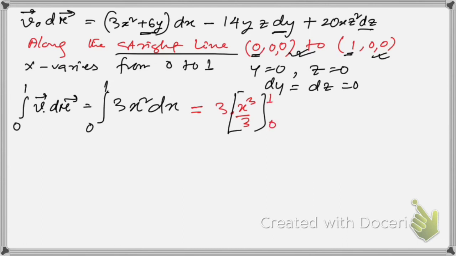The 3 cancels, and we get 1³ minus 0³, which is equal to 1.